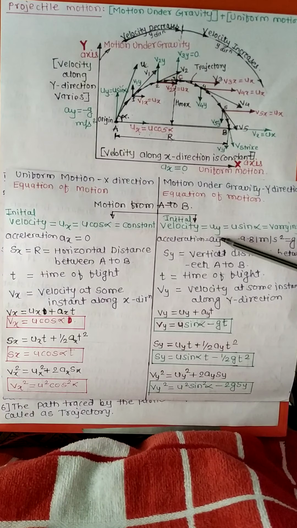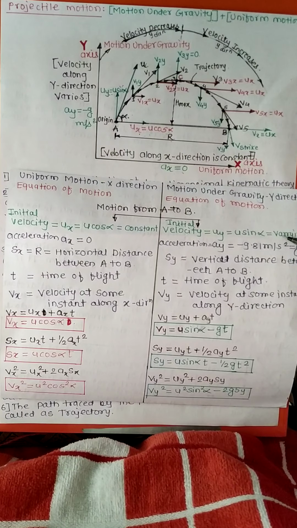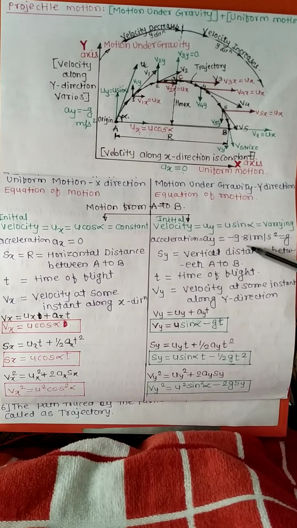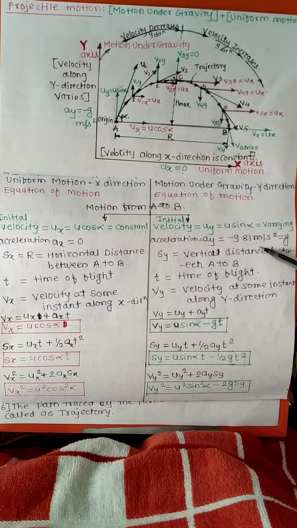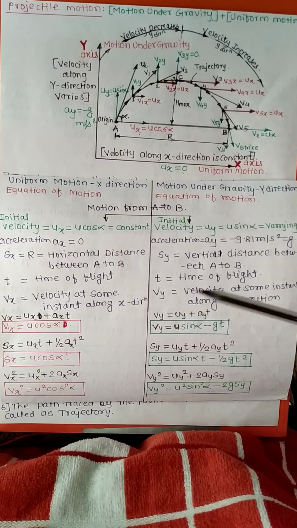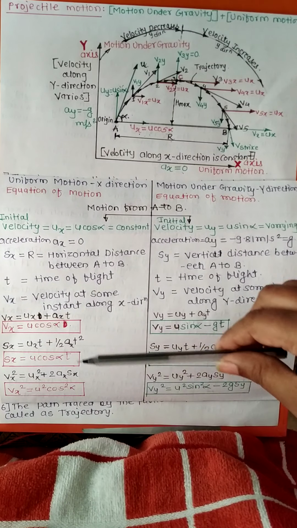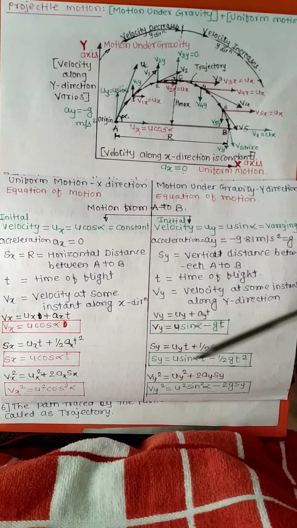Velocity along the y direction is defined as u sin alpha and it is varying. Therefore, acceleration ay, along the y direction, is defined as minus g, that is minus 9.81 meter per second square. Now, at this instant, we are going to substitute these terms in the equations of motion and we can derive the formulas in projectile motion along the x direction and along the y direction.